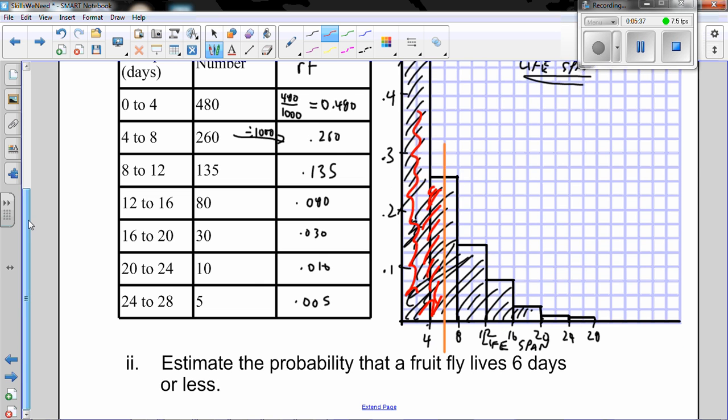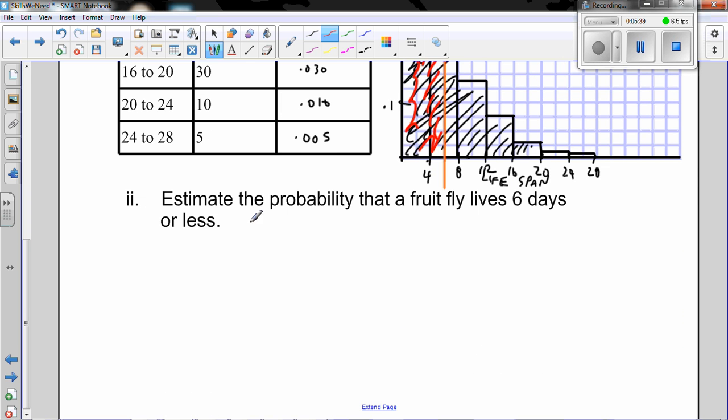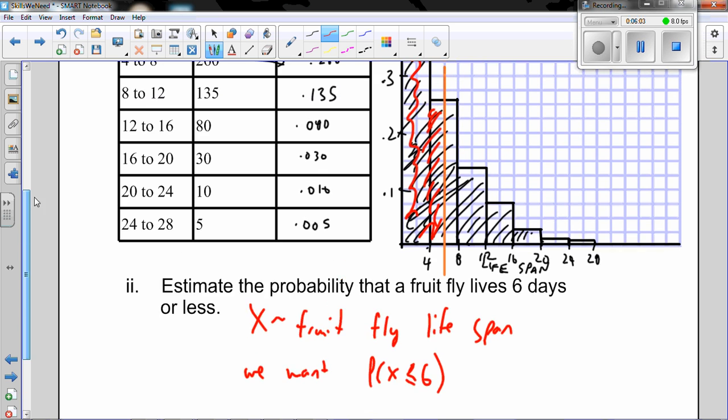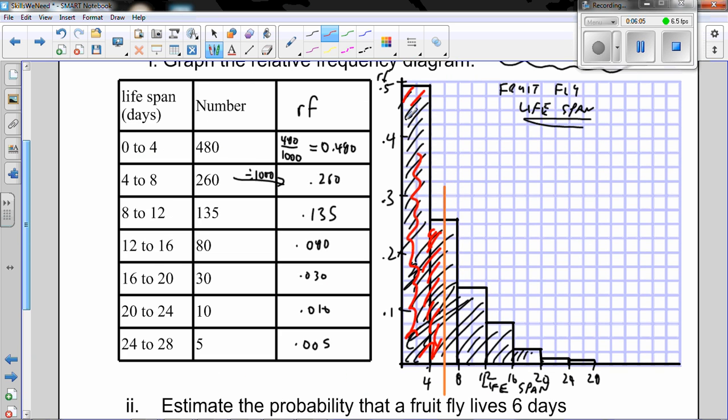Well, if I wanted to write that in symbols that we're used to, if X is the fruit fly lifespan, then we want the probability that X is less than or equal to 6 days, right? That's what we want using the notation that we just found out. Well, what is it? It's this entire bar here, which is 0.480.